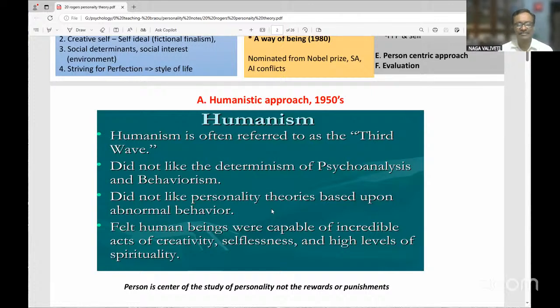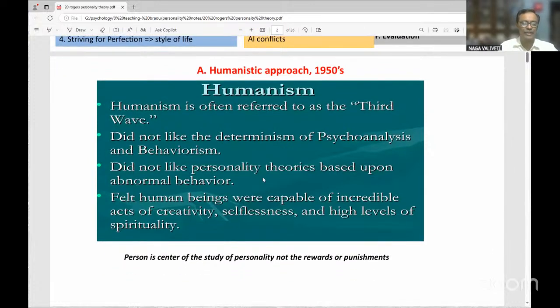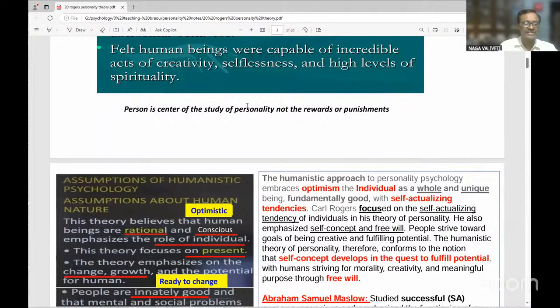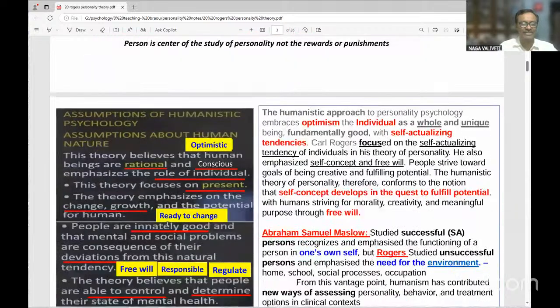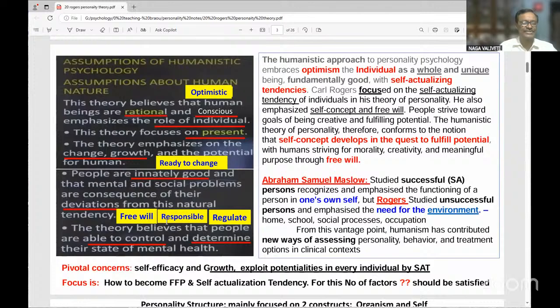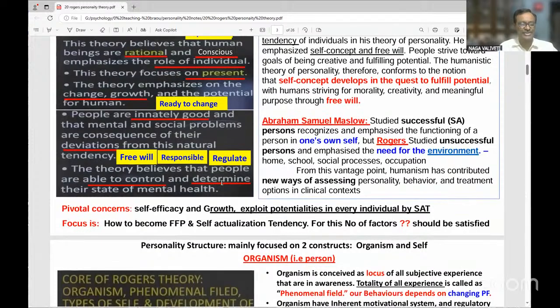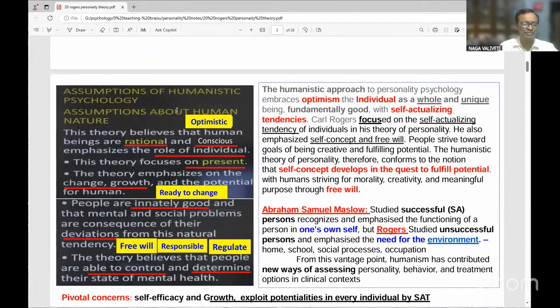Every person requires human dignity. These are the basic elements of humanism, then creativity, selflessness, and high levels of spirituality. The person is the center of the study, not rewards and punishments. As for human nature, how he understood it: the human being is optimistic, rational, conscious, can live in the present moment. He took all positive attributes.